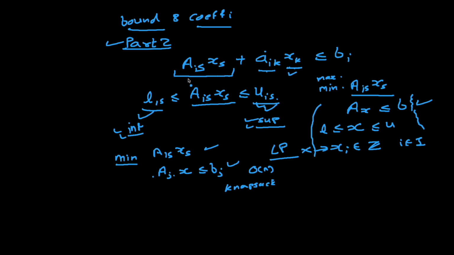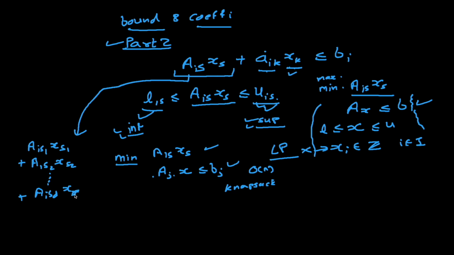What Gurobi does is something even more than that, right? They break this part down into more parts. So this is one part, but they can say, let's break this one into a_is1 x_s1 plus a_is2 x_s2 and so on and so forth, up to x_sD. So this single part is now broken into D parts, and for all of them you can find the lower and upper bound, right?